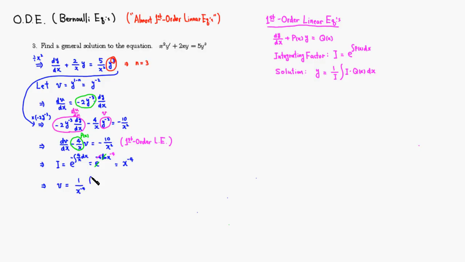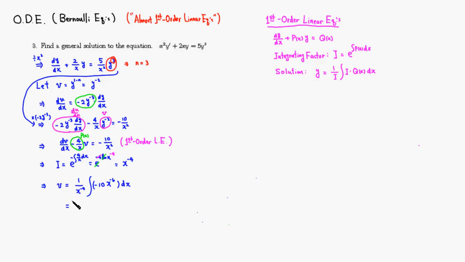Then integrating the right hand side, which is this guy, times I, so it's going to be negative 10 times x to the negative 2 power, then you have x to the negative 4, so it's going to be x to the negative 6 power, with respect to x. So this is going to be equal to, we're going to just write it here.